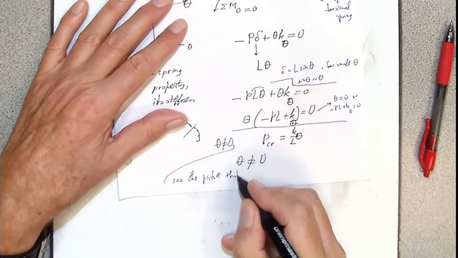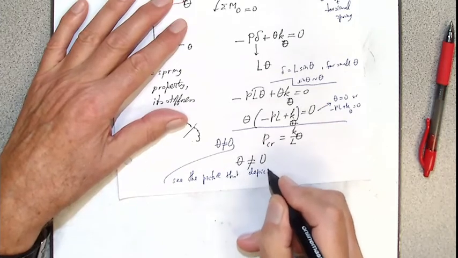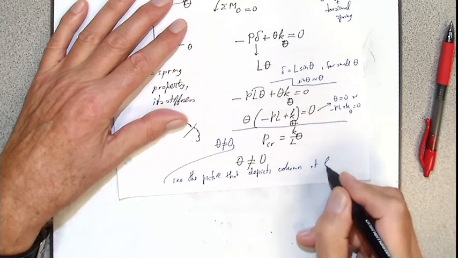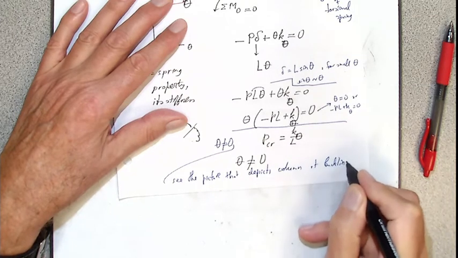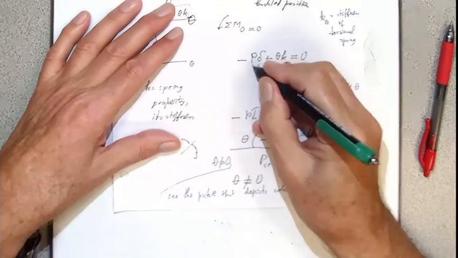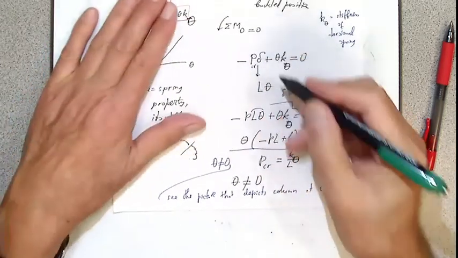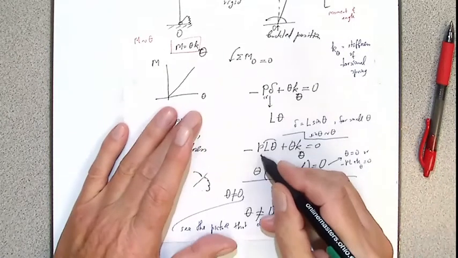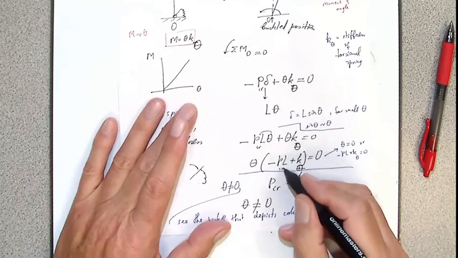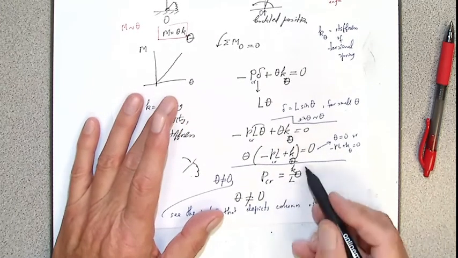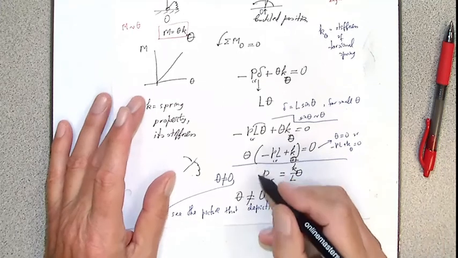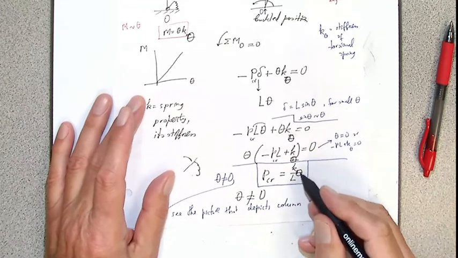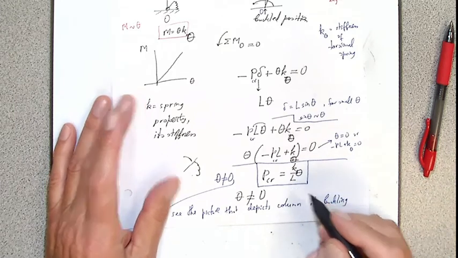That depicts the column at buckling. So we should have written here P critical, because I depicted a buckling situation. So P critical equals K theta divided by L. So buckling load equals the stiffness coefficient divided by length.